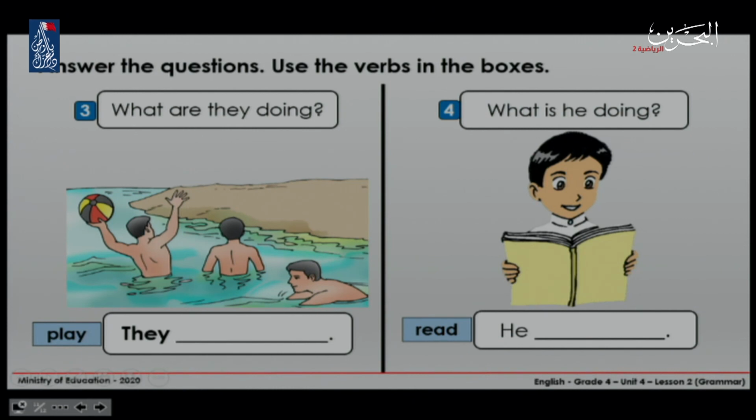Number 3. What are they doing? We have the verb play. Good. They are playing. Let's see number 4. What is he doing? And we have the verb read. Very good. He is reading.